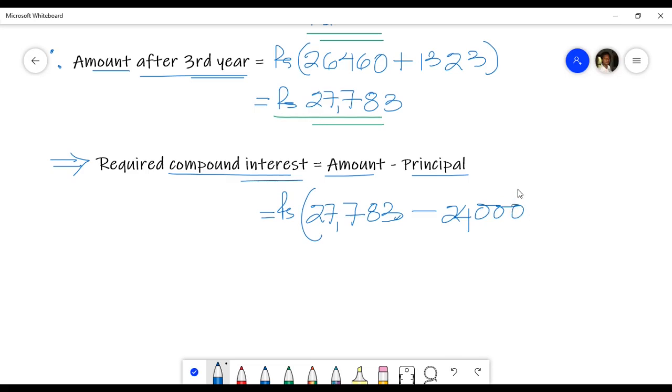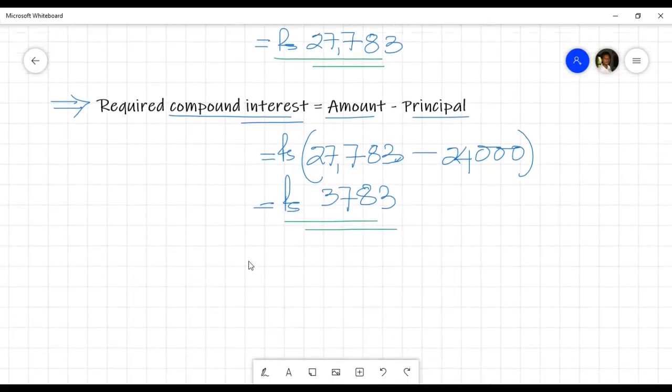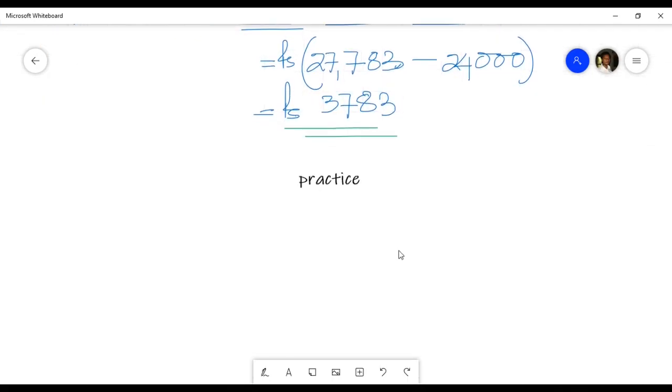The value of amount is 27,783 minus rupees 24,000, that is the initial principal. When you subtract these two values, you will get the compound interest as rupees 3,783. So this is the compound interest, 3,783. I hope you have understood it.